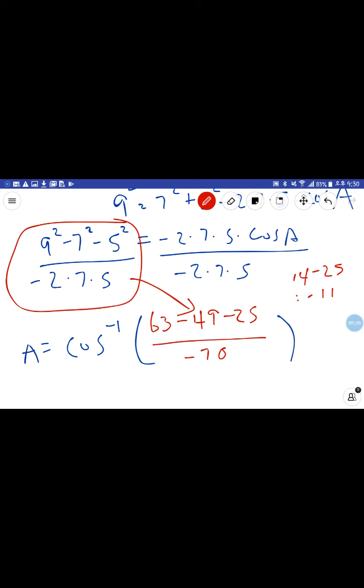And minus 25, that's negative 11. Yeah, I was right. And then divided by... Oh my goodness. 9 squared, how did it be 63? 9 squared is what? 81. Yep. Sorry. Alright, so again, 81 minus 49 minus 25. That's 7.